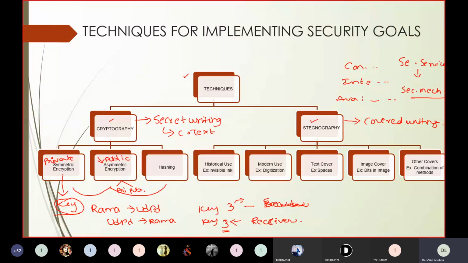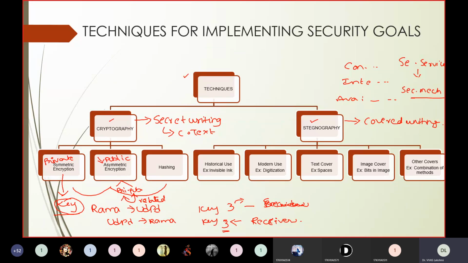Just like the public key is your mail ID and the private key is your password. Both of the user ID and password are linked together and should be matched. That's why these two keys are also mathematically related.